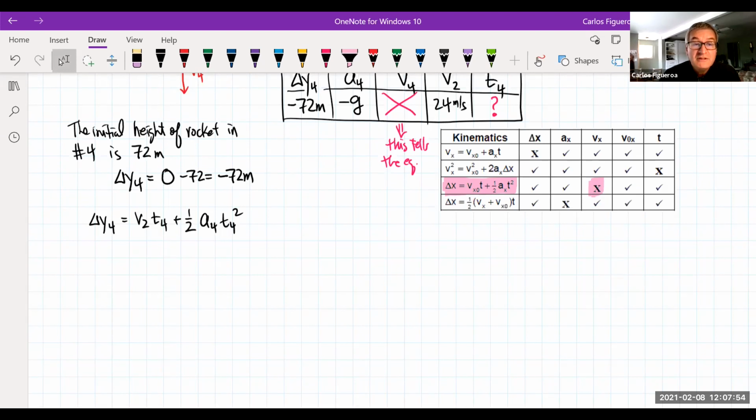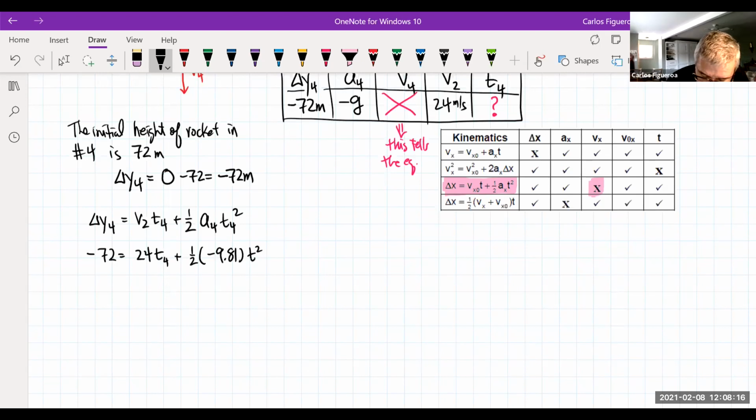Now you can do this again one of two ways, but I'm going to set up this equation. So mathematically, it's minus 72 equals 24 T4 plus 1/2 times minus 9.81 times T4 squared.